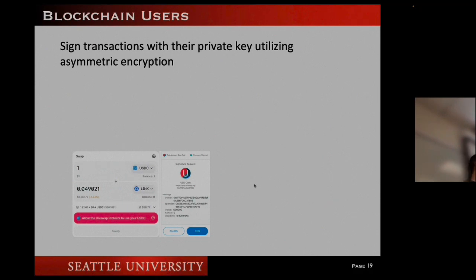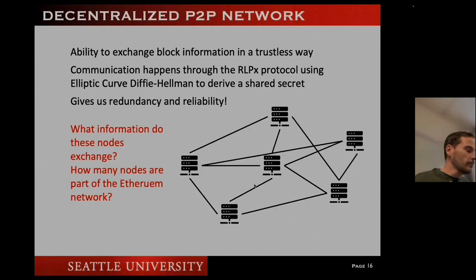I swapped token X for token Y. And the way I did that is I signed a transaction with my MetaMask that basically says, send the funds to this contract, invoke this function. And that transaction then is essentially signed and then submitted to the nodes. It gets distributed across the nodes as part of the mempool, and then some miner will pick it up.